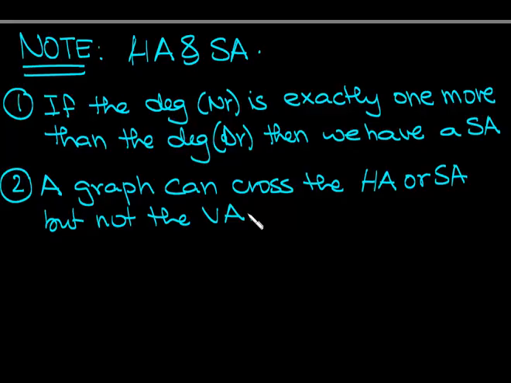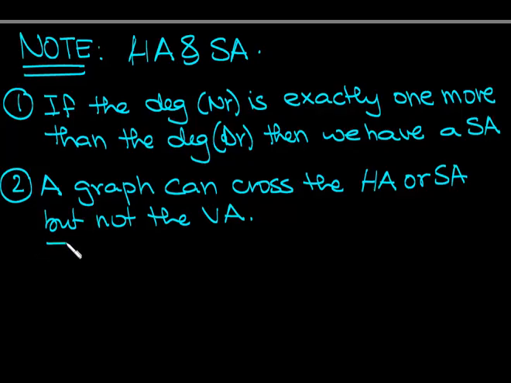Alright, the next thing we want to do: if it crosses the horizontal asymptote, how do we know where it crosses the horizontal asymptote? Do you guys follow? Since we know that the graph can cross the horizontal asymptote, how do we know that? Okay, so let's take a look at it.